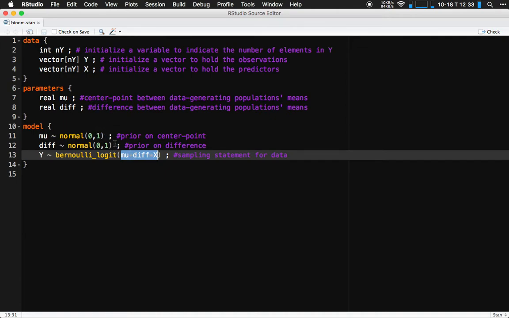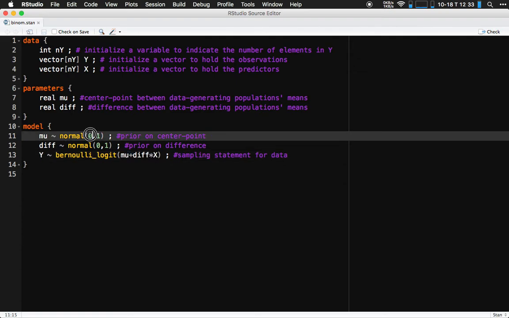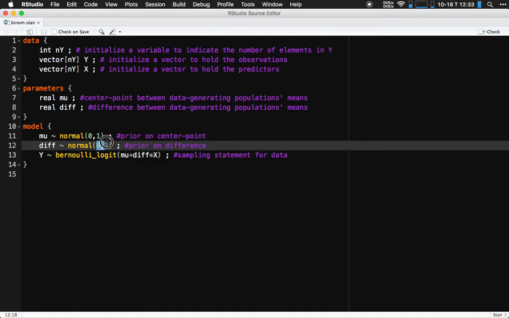Happily, when you do a binomial analysis, the data is already pre-standardized. It's ones and zeros, such that a variability of normal 0, 1 on the intercept is actually a pretty decent number, and a diff of normal 0, 1 is also pretty decent. That comes a little bit from my experience in the literature, where you rarely get a difference between conditions of more than 1 log odds unit.